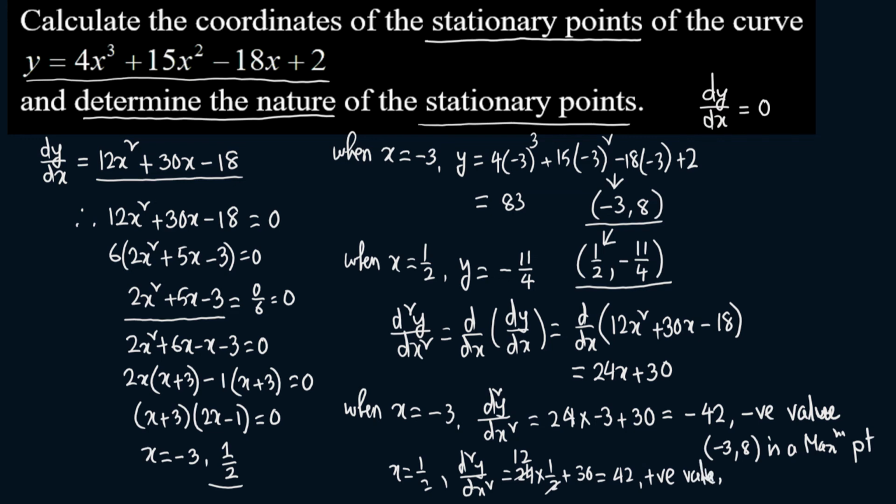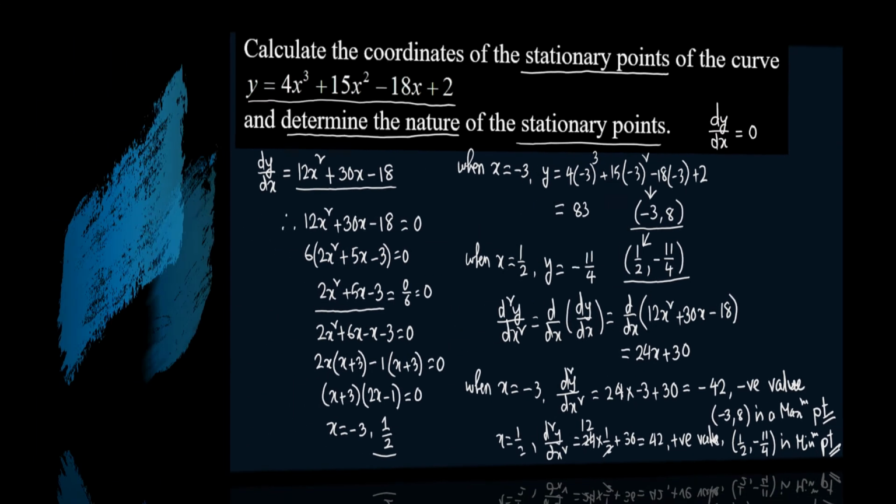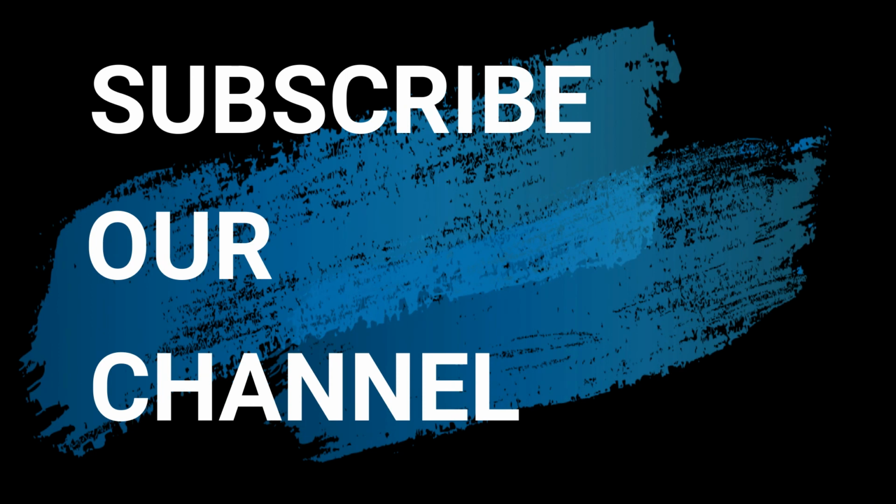So our point half comma minus 11 by 4 is a minimum point. So this is our total working, and that is the nature of the stationary points.